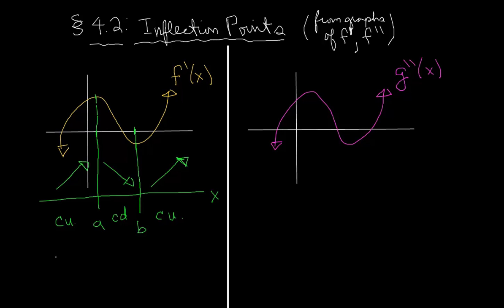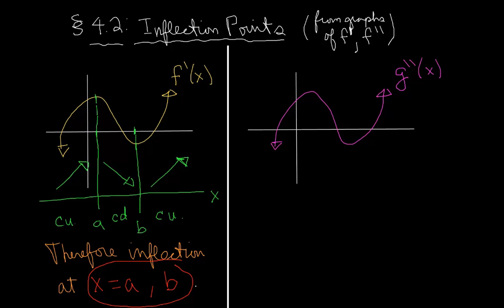And so the conclusion is, therefore, the inflection points are x equals a and b, because it's where the derivative changes from increasing to decreasing or decreasing to increasing.